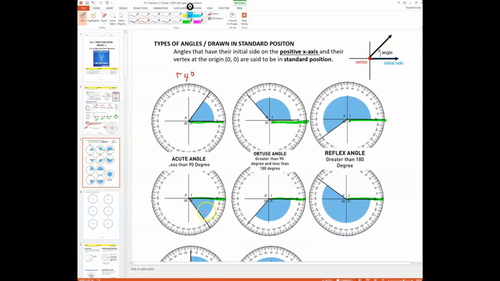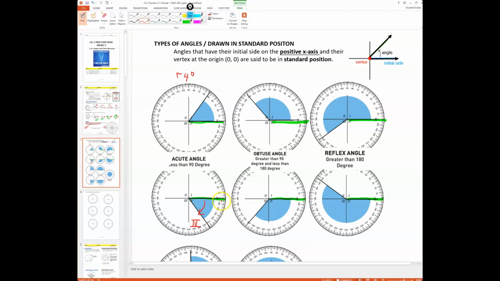Now down here, this angle, to get the measurement, since this angle opens up clockwise, when we write its measurement, we're going to indicate that it's a negative angle. So this angle is negative, and it terminates in the fourth quadrant. And to get its measurement, we're just going to subtract these two values. So this value, that's 360.